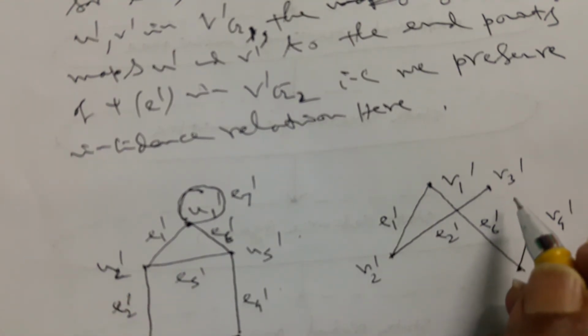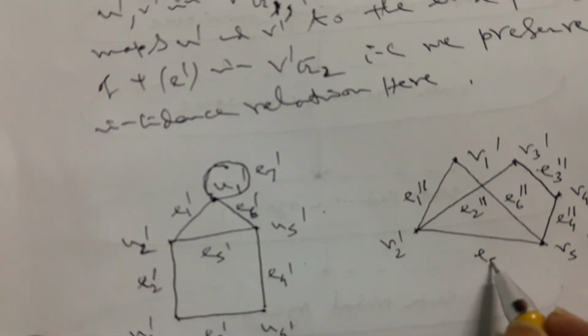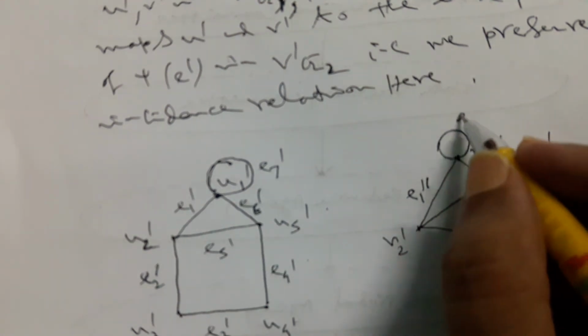So u3 u4', we consider u3' and u4', that is e3'. So it will be better to take double dash, because here it will be double dash, e3''. And if we consider another, like u2' and u5', that is e5''. So in this way we consider here another extra edge added, that is a loop, it will be e7''.